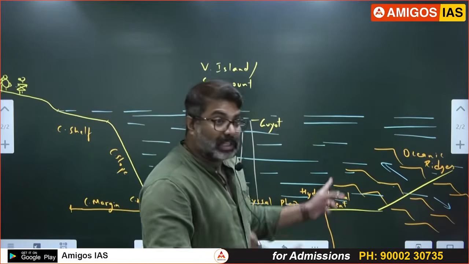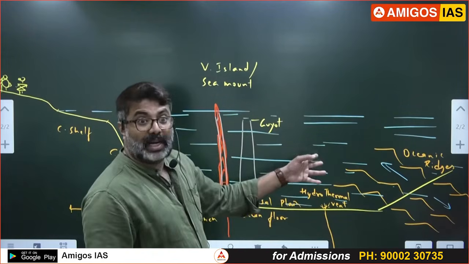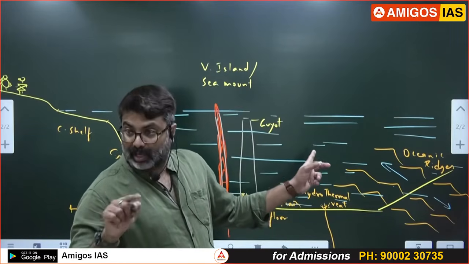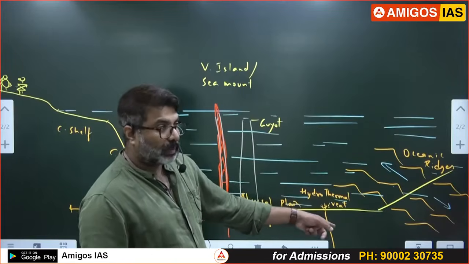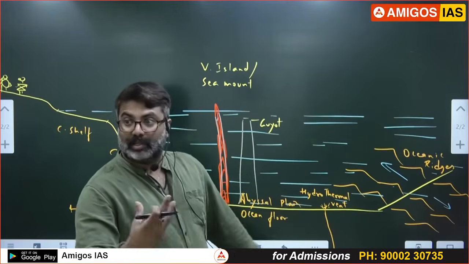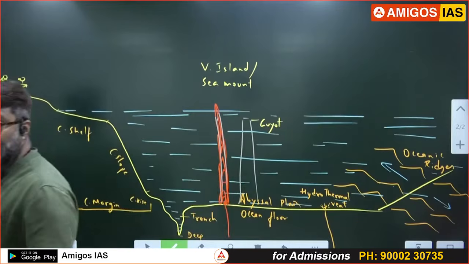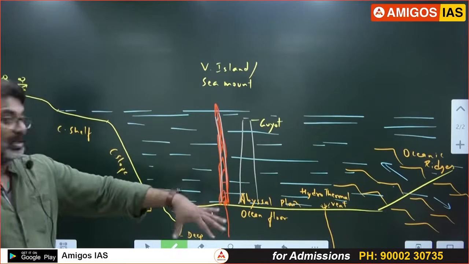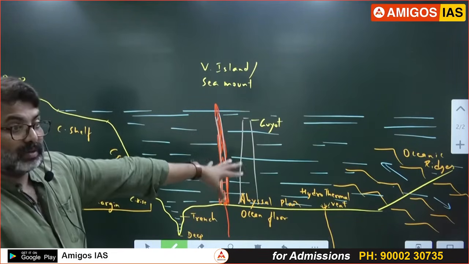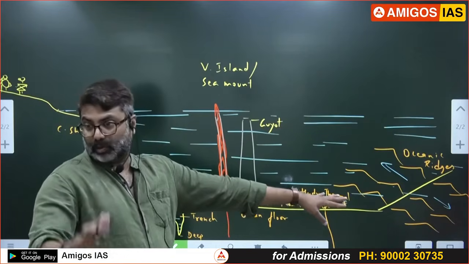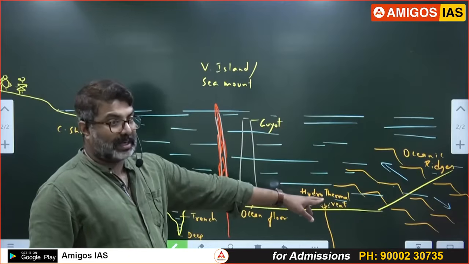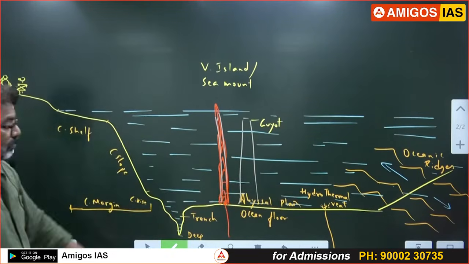From the opening, heat is coming out into the water, directly added to the water. Hydro means water. Thermal means heat. Vent is opening. So on the ocean floor, there will be a lot of heat emitting vents. Gases, pyroclastic material, ash and all is added directly into the water. There will be active volcanoes also. There will be vents emitting only heat also. Hydrothermal vent on the ocean floor.